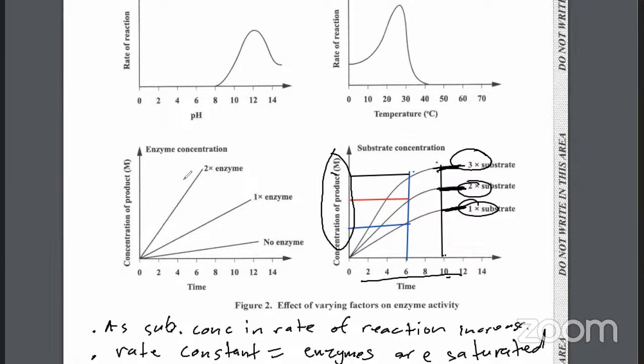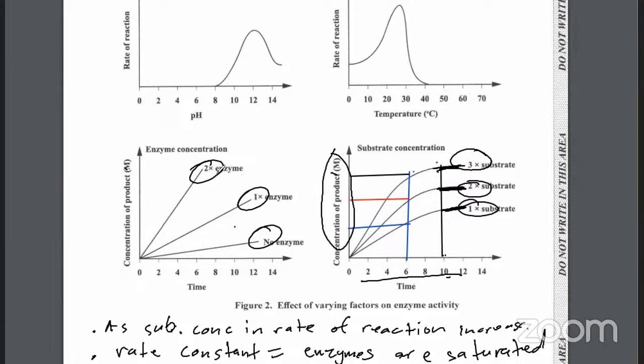Good. Now, same thing for the enzyme, as enzyme concentration increases, rate of reaction increases. So again, as we increase the concentration, the amount of product that you get increases. And that's because, you can mention collision once you're talking about rate, all right?